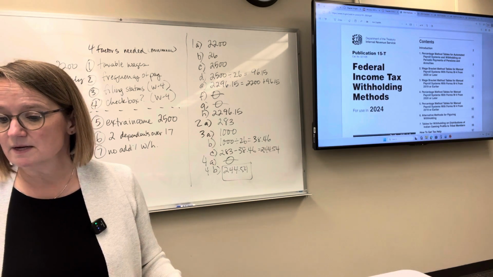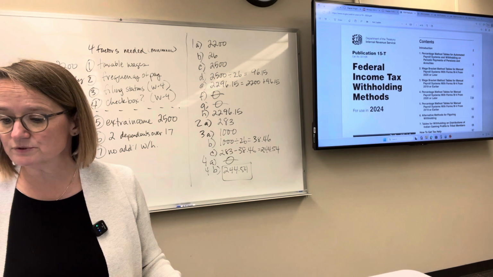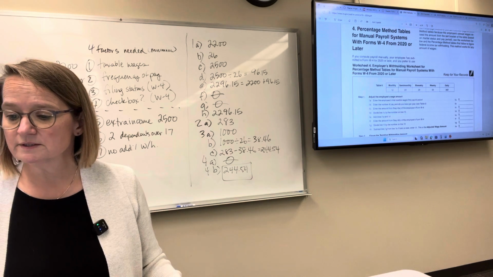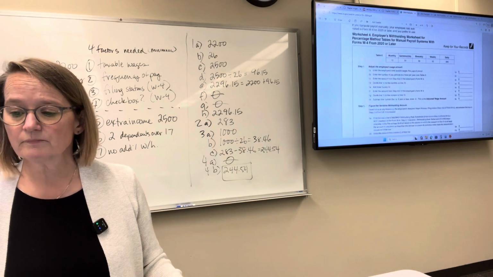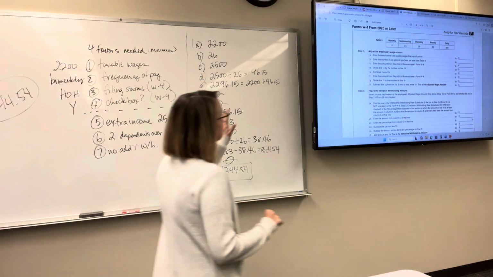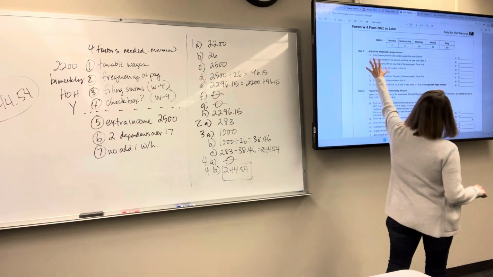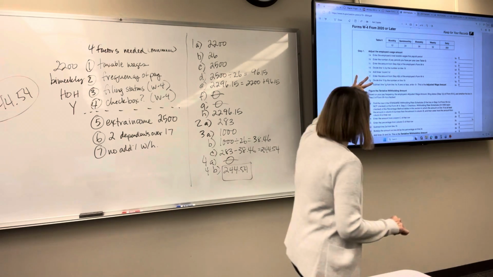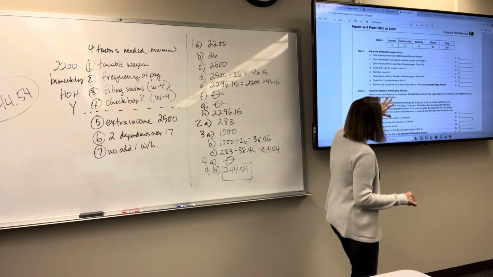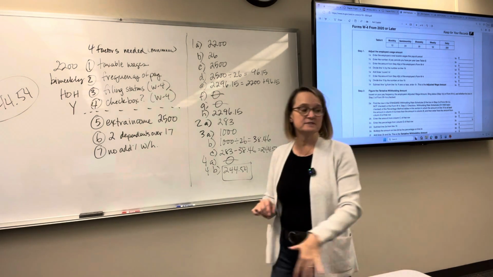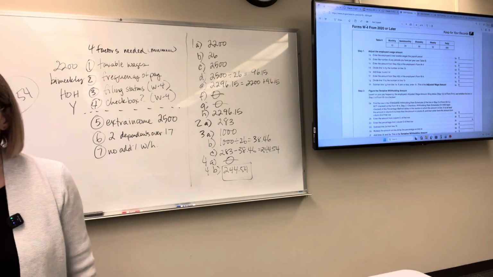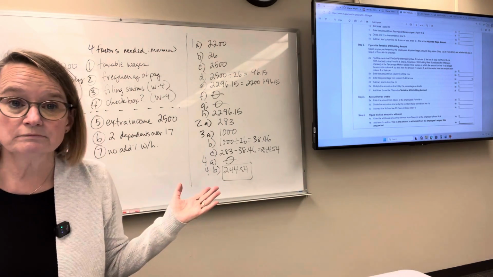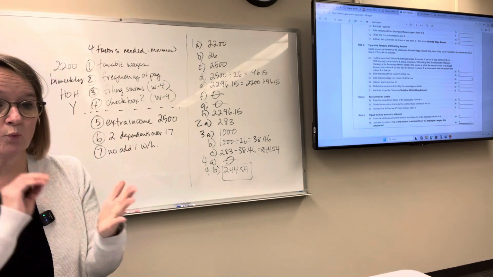Go up here, percentage method tables for manual payroll systems 2020 or later, starts on page 56. It said these questions are the same as for the previous worksheet. What's different is how to figure out this tentative withholding amount. There are steps there, and it takes you through one by one.